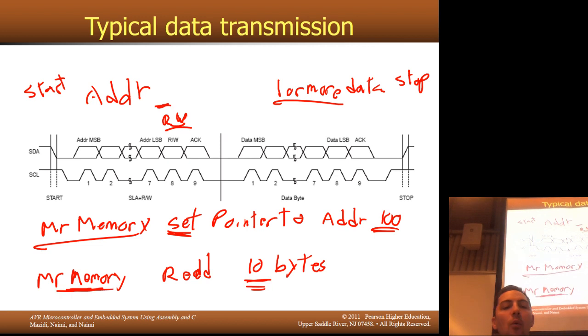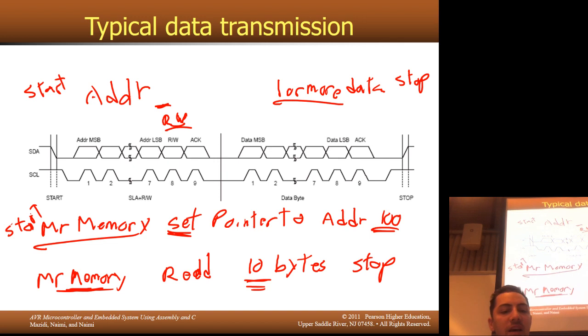Now, why did I send the address packet twice? Because if I'm going to be doing reading and writing, one transmission can either be all reads or all writes, not both. So what would be good? So here's the start condition. Here I'm done, so there's a stop condition. What do I have to put in between these two lines?